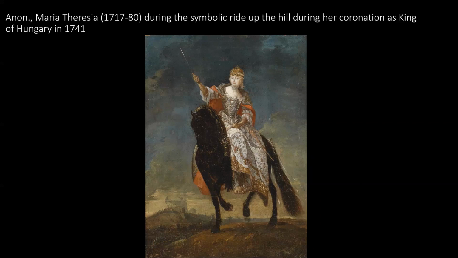Now, an essential part of the coronation of a Hungarian king is the ride up a hill made of soil from all the provinces of the kingdom. And the king draws his sword and rides up this hill to proclaim his kingship, and that's exactly what she did.